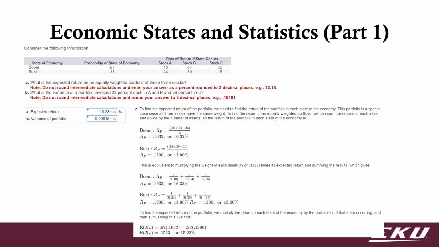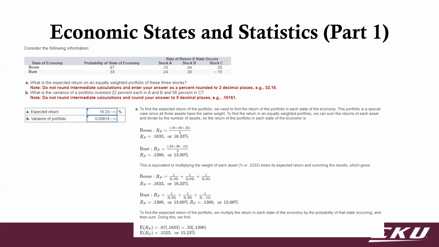And then you take those same calculations, that 16.33% and the 13%, and you just multiply them by the probability of that state. So I've got a 67% chance of 16.33%, and a 33% chance of 13%. And what I end up getting is 15.23. It's obviously going to be between 13 and 16.33, but how far between the two is based on that percentage weight.